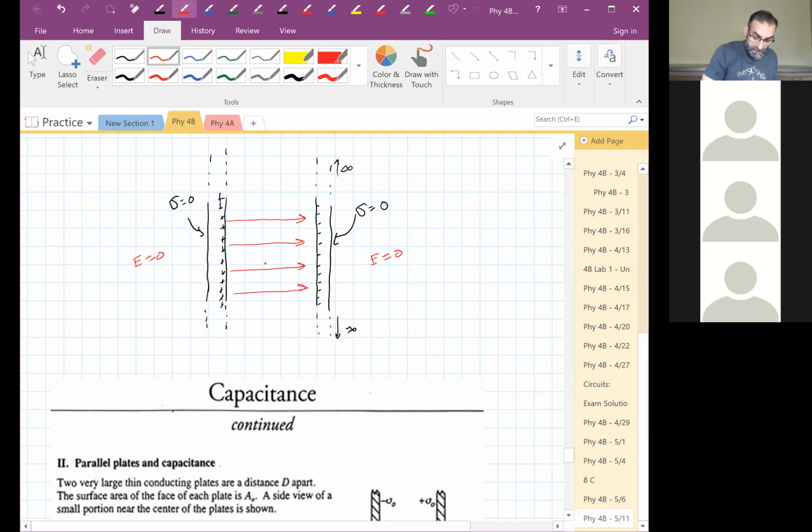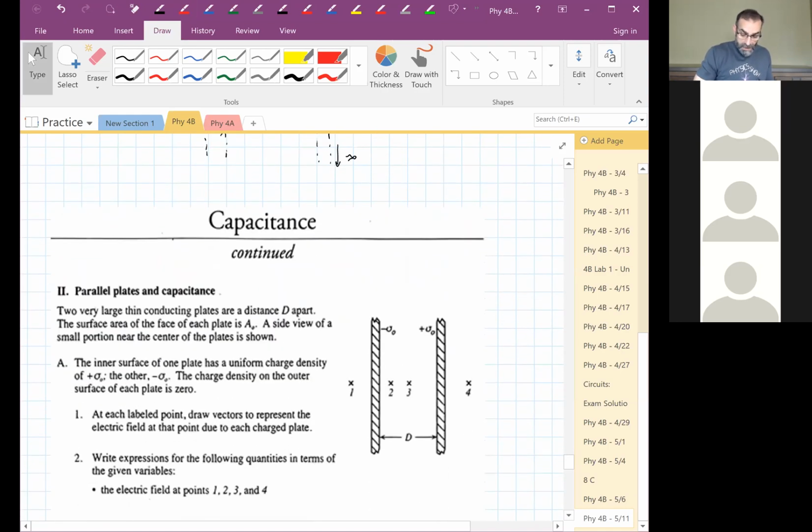Same everywhere in there, right? So here, E is 0. And what do we get in between? A nice uniform electric field pointing from the positive plate to the negative plate. So I'll draw a vector, same size vector at each. Are those the same? Yeah, close enough.